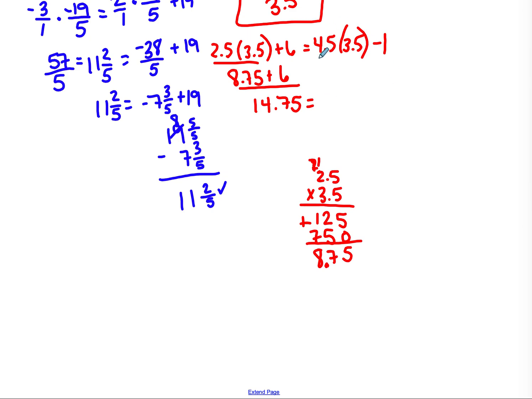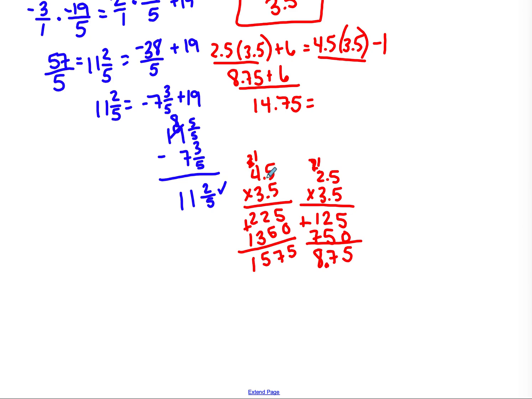Now I need to try the other side and see if I get the same answer. So I need to do 4.5 times 3.5. We'll do it over here. 5 times 5 is 25. 5 times 4 is 20, plus 2 is 22. 0 placeholder. 5 times 3 is 15. 3 times 4 is 12, plus 1 is 13. 5 plus 0 is 5. 2 plus 5 is 7. 2 plus 3 is 5.